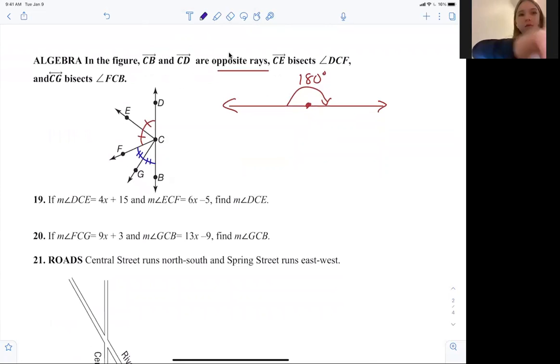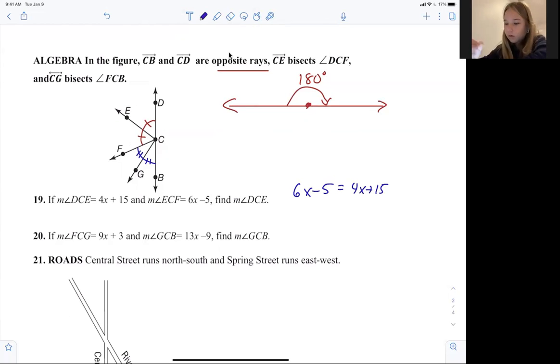Now it says angle DCE is 4x plus 15 and ECF is 6x minus 5. So now what's true about those two angles? They're equal. Thank you. So 6x minus 5 equals 4x plus 15.